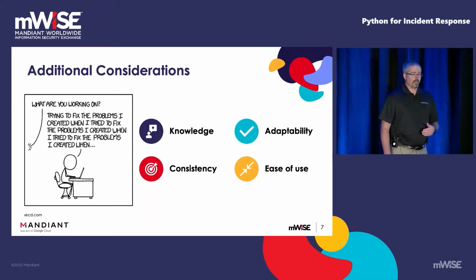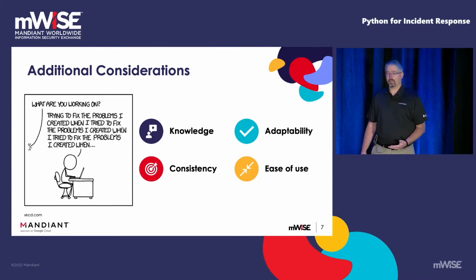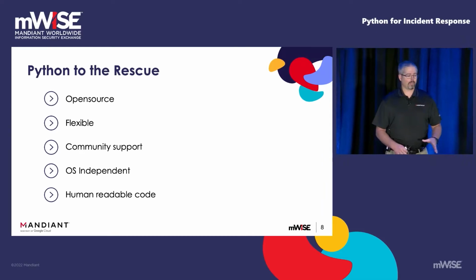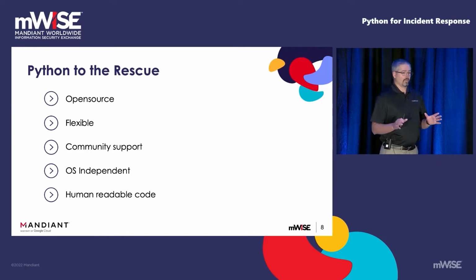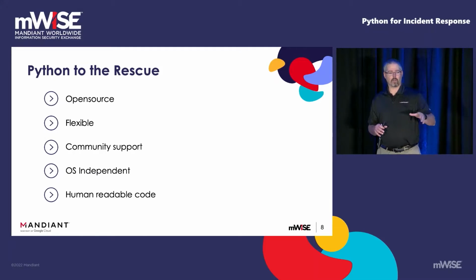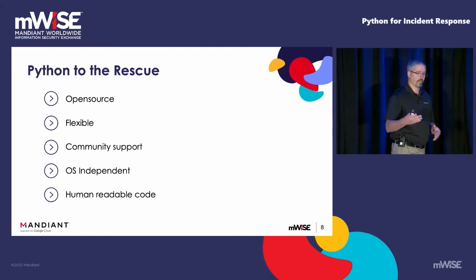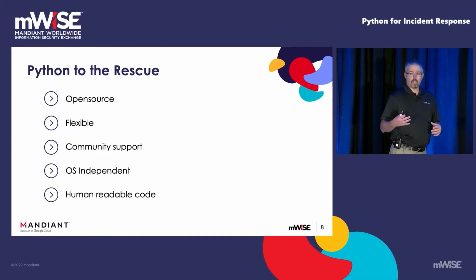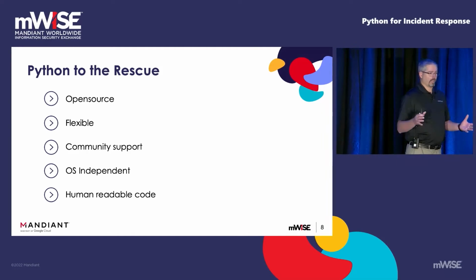So with that, we can use Python. And I like to introduce Python to the rescue on this one because really it's flexible. It's open source. Open source means you can go look at the code, do your code review so you feel better about the product, right? Flexibility on it. Python is object-oriented.